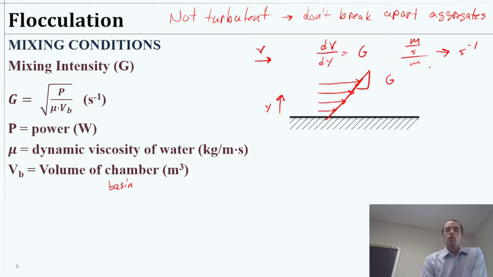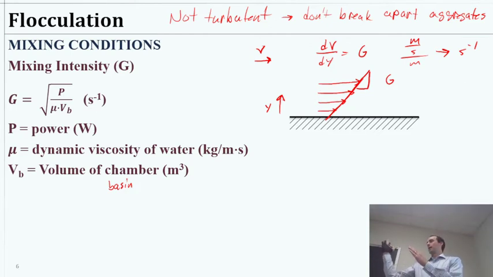And so the way we're describing this G, this is our mixing intensity, that's the parameter we'll use to inform the rate constant in terms of how often they're going to meet. That's going to depend on the gradient of the speed of the water, this velocity term here, V, going to the right.